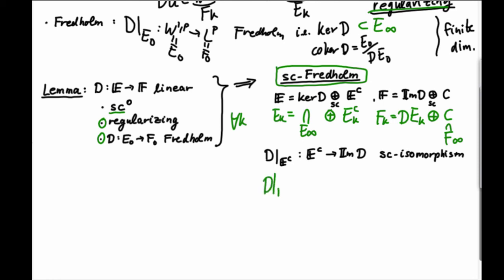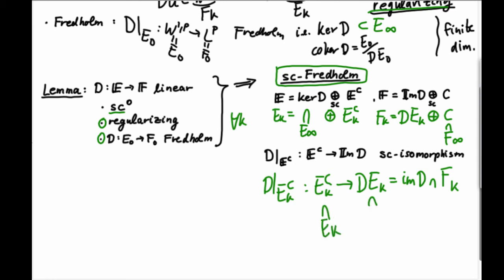So D on each of these complements now should be an isomorphism between the image within F_k. So scale isomorphism means it should be an isomorphism with respect to these norms.